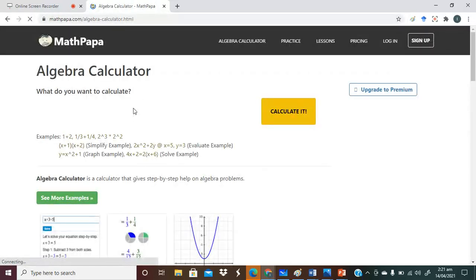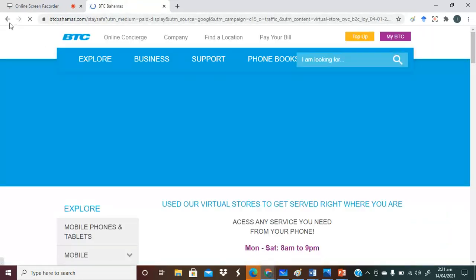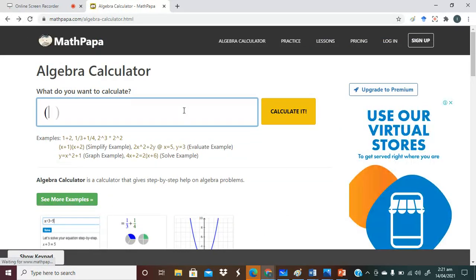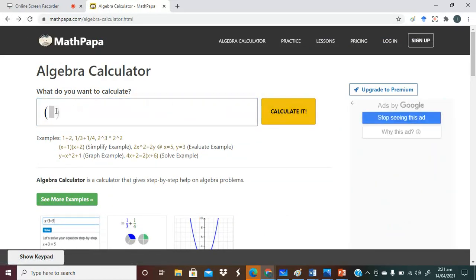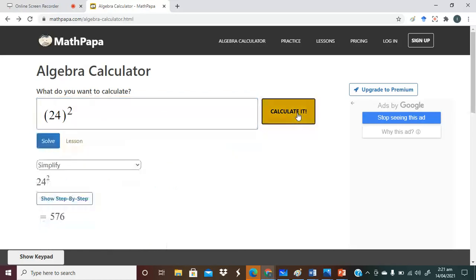So notice we're trying to figure out 24 squared. 24 squared is indeed 576.